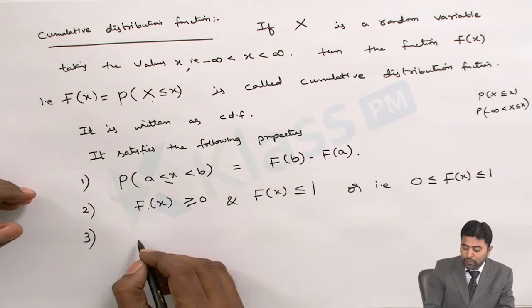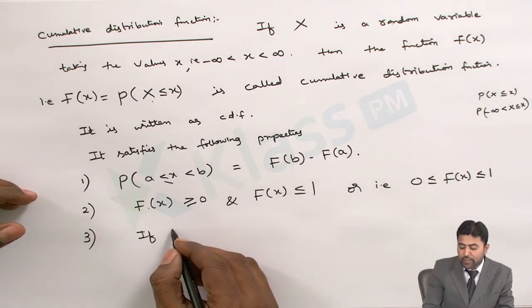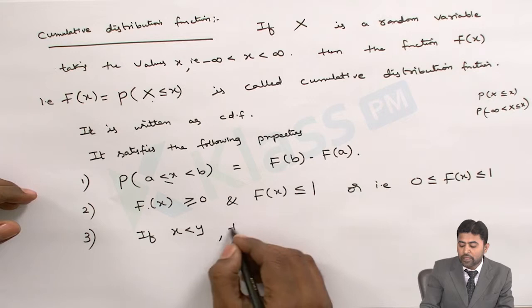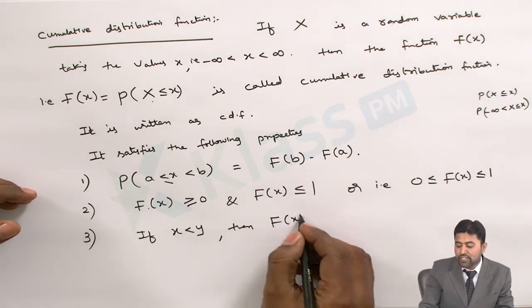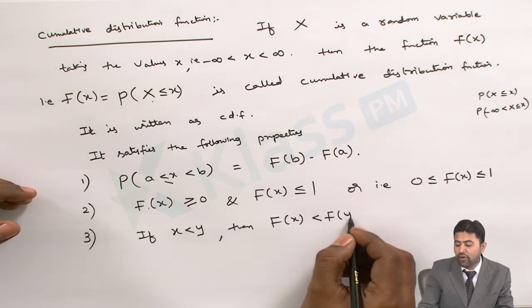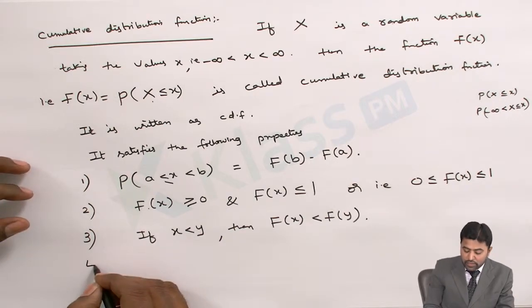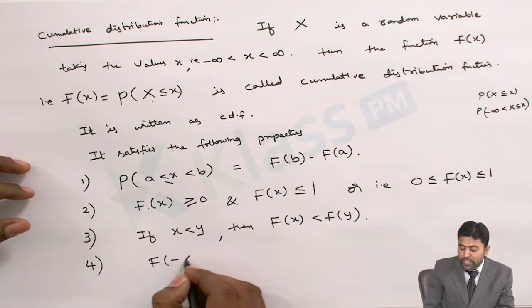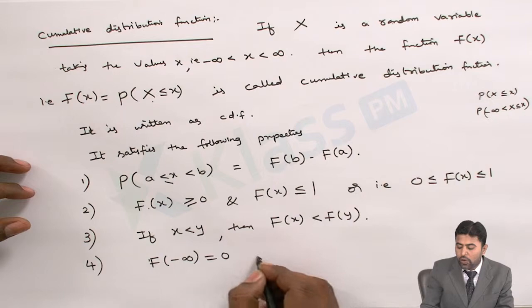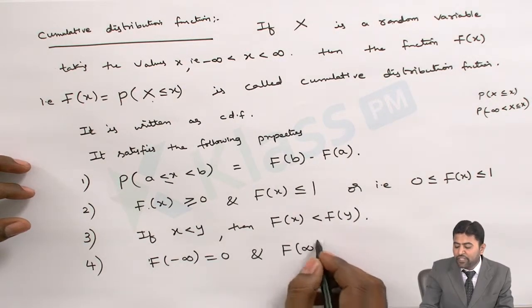Then third, if x is less than y, then F of x is less than F of y. Suppose 1 is less than 5, then definitely the cumulative distribution function F of 1 will be less than F of 5.